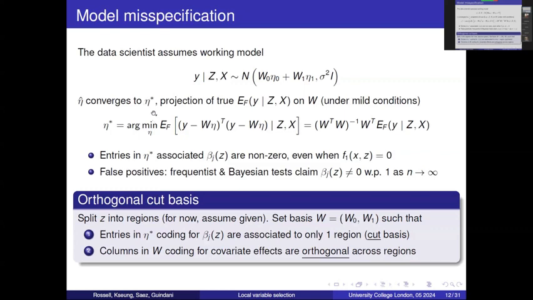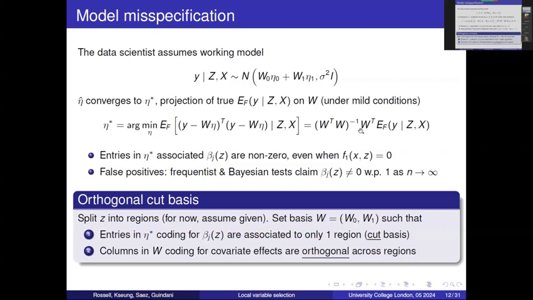This eta star, if you want to say it in a fancy way, is the projection of the true expectation on the assumed basis, on the W's. Formally, in the Gaussian case, if you look at the last line of this expression, it is saying that the optimal parameter values are obtained by regressing the true mean on the W's.